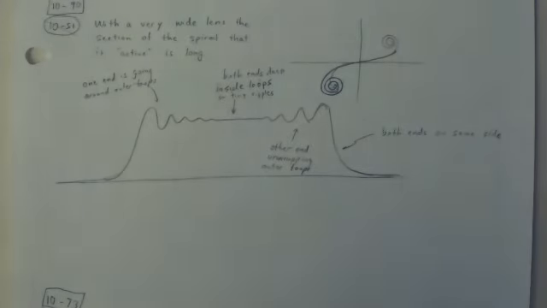Well, you can use the, oh, where do we have that? You can use the Fresnel integrals to calculate it directly. And that's what the whole Cornu spiral was based on.